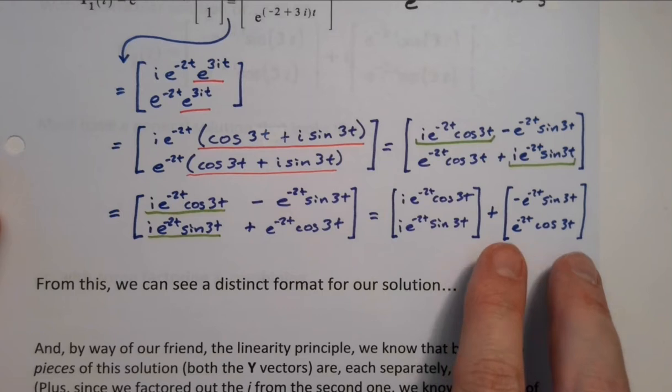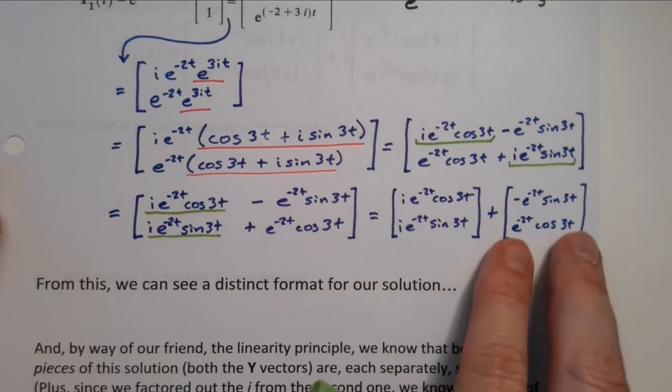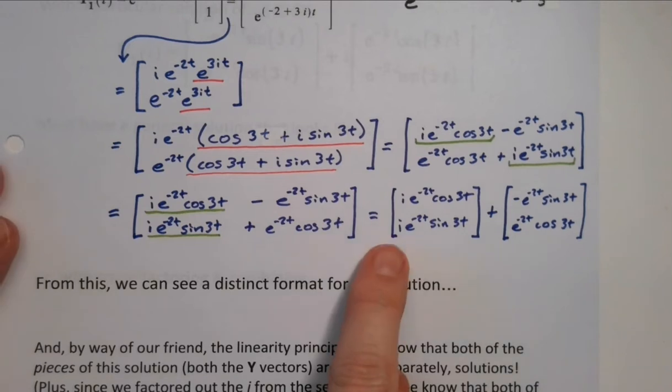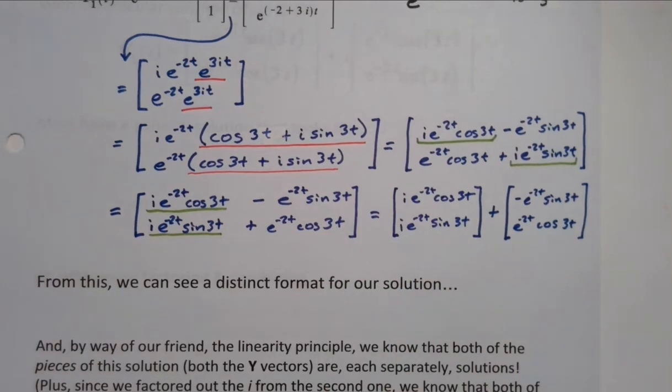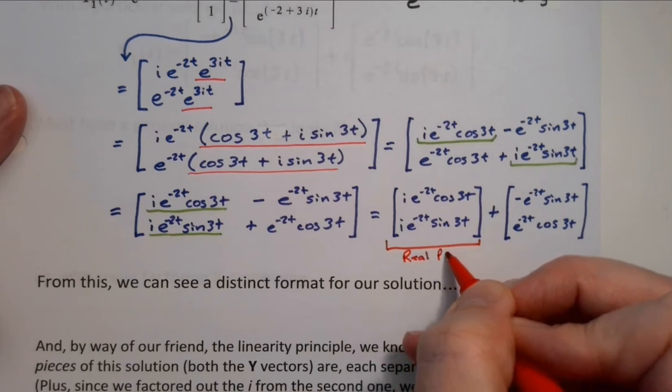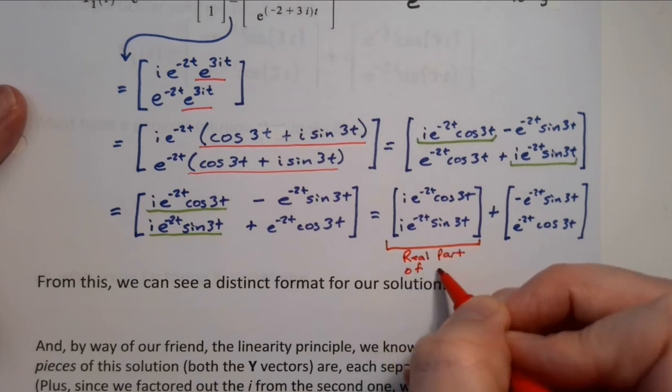I have a solution made up of two parts. One of them just has a constant multiple of i. Another way of saying this is we actually have two components of a solution. This is the real part of my straight line solution number one.